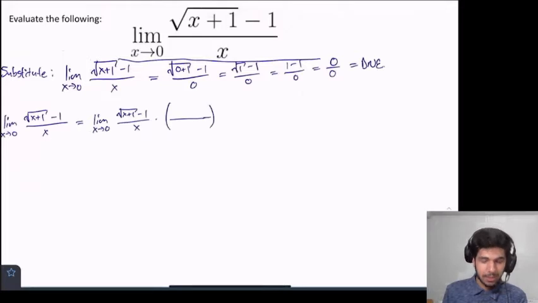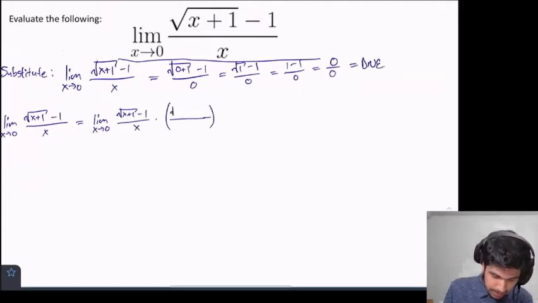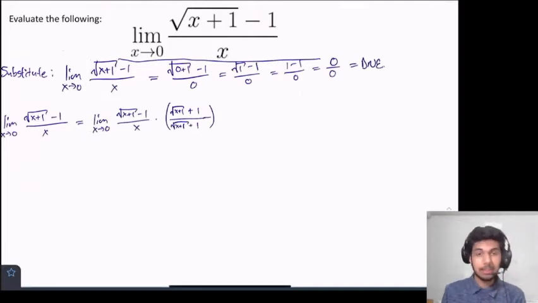So we're going to multiply by the conjugate of the numerator, since that has the radical in it. The conjugate is essentially the same exact thing, same terms, except we change the sign. And we can see that this new term in parentheses is a form of 1. The numerator and denominator are the same, so it equals 1, and that's the same limit. We're just multiplying by 1.